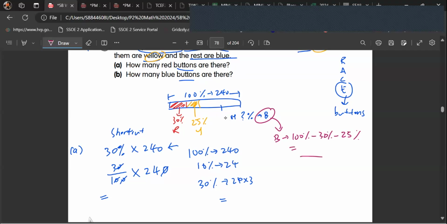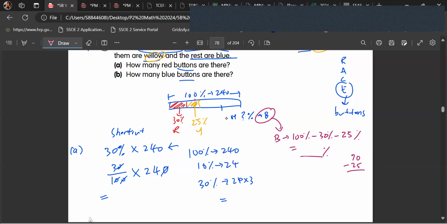Then I get this percent, 35, is it? 35? Huh? 70 minus 25. 35, yeah, that's correct. Is this correct? Okay. I feel like I wrote wrongly.